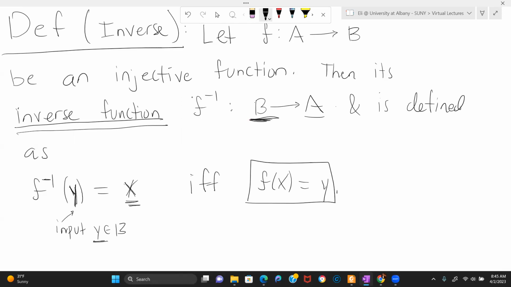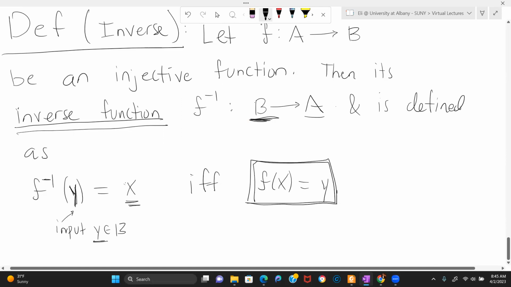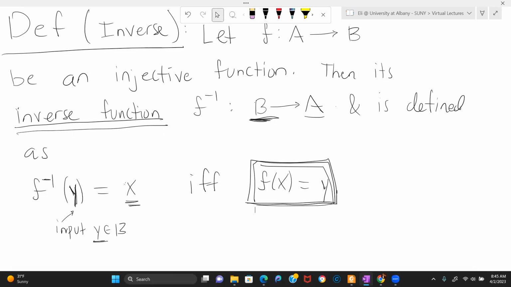Call whatever it does x, and then x has to be the number such that this equation holds. So to find it, you solve this equation, and that gives you what f inverse does to a given input y.